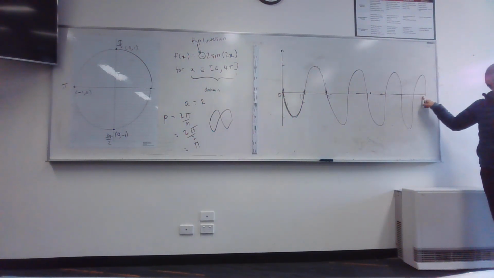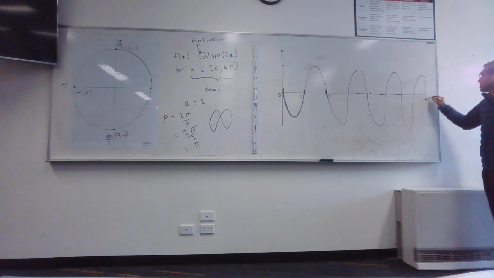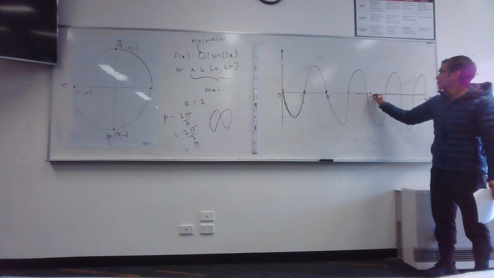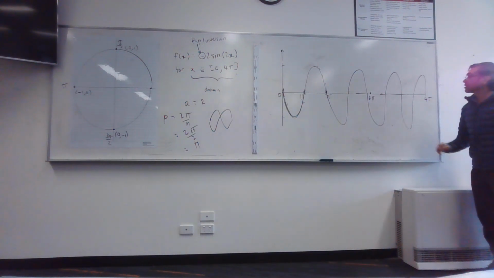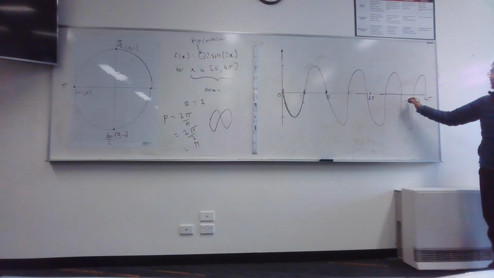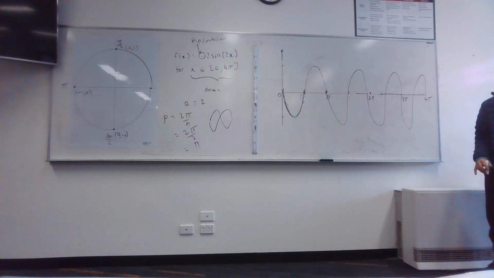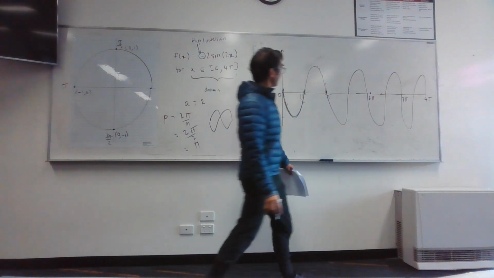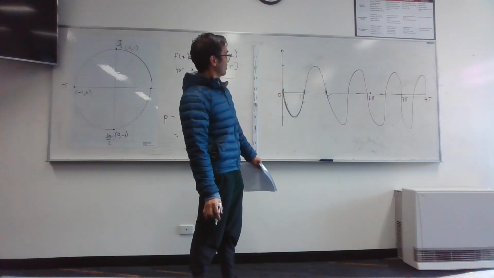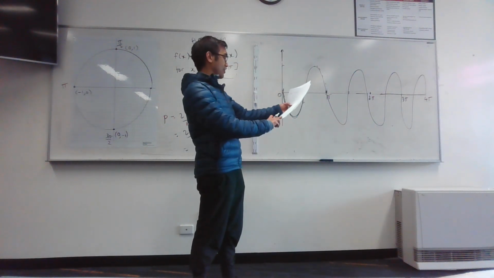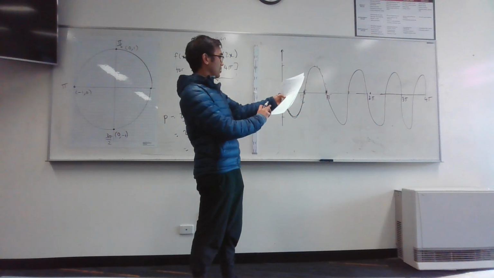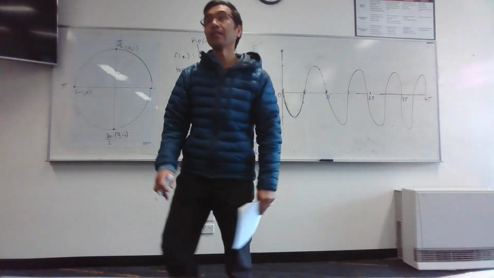What's this here? 4 pi. Excellent. What's halfway? 2 pi. Excellent. What's this in here? 3 pi. You got the idea. I haven't made a mistake in there. Okay, let's double check my answers. Yes, we're good.